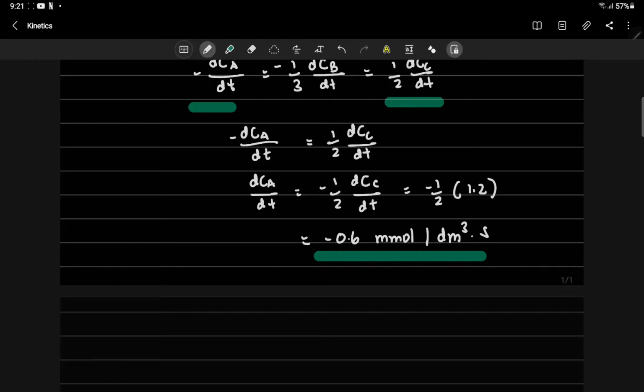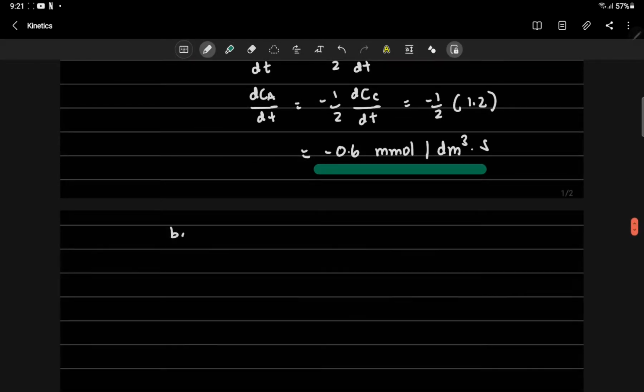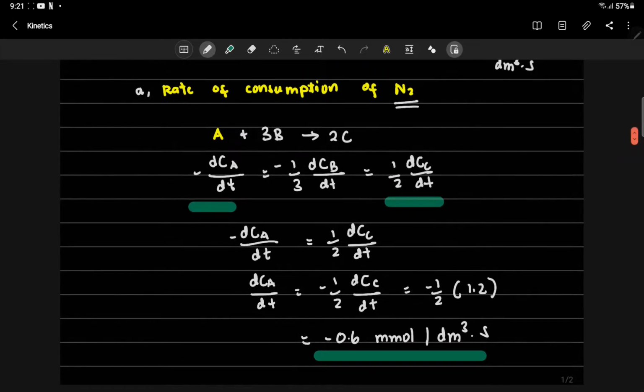Now next, I want to calculate, letter B, the rate of consumption also of the other reactant, which is hydrogen, right? And in our symbolism, we use letter B to symbolize hydrogen. Take note also that according to the reaction, B has a coefficient of 3.